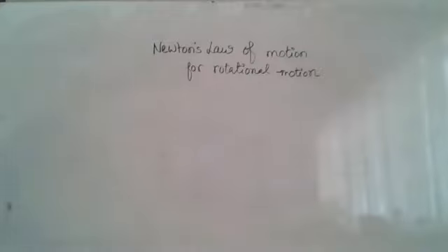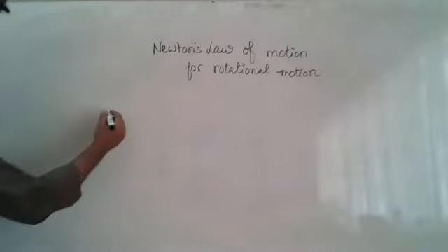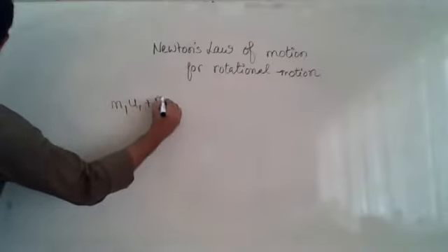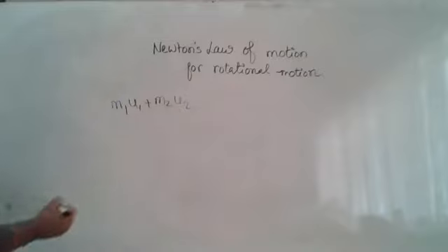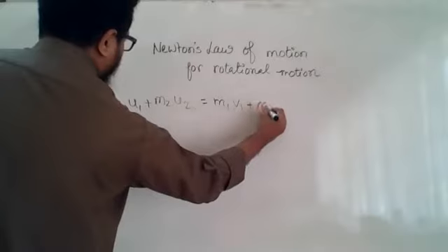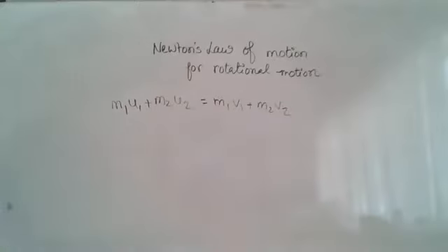From there we developed the equation m1 u1 plus m2 u2 is equal to m1 v1 plus m2 v2. This was the conservation law of momentum.